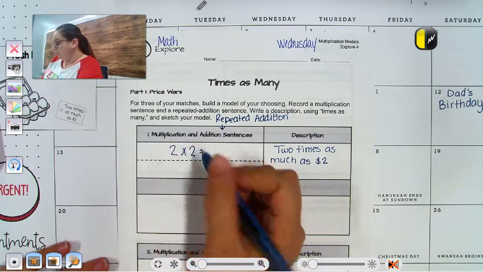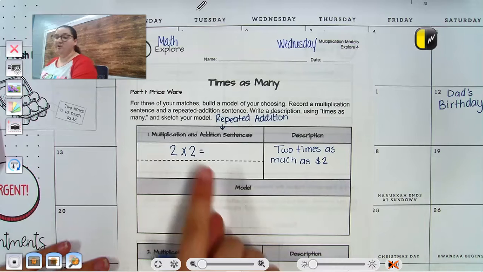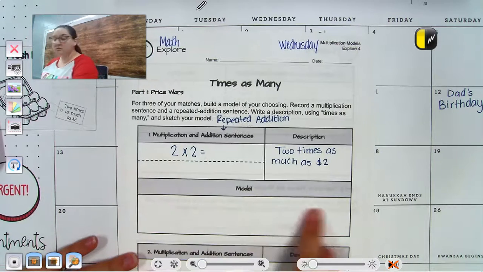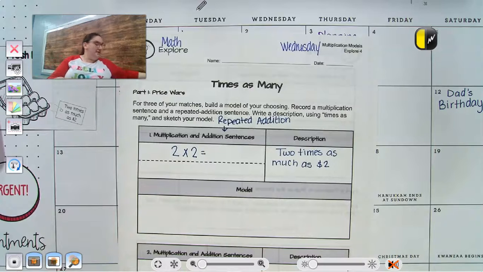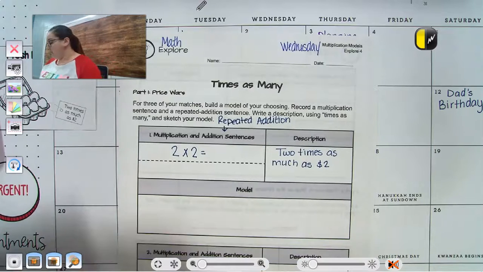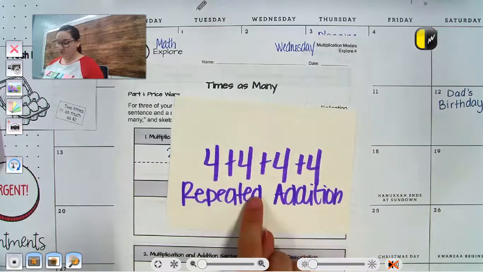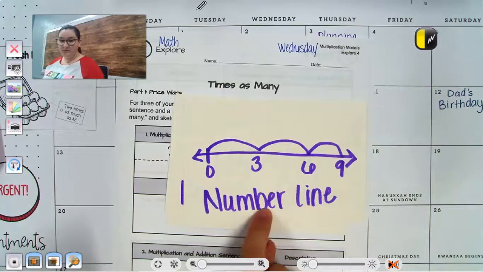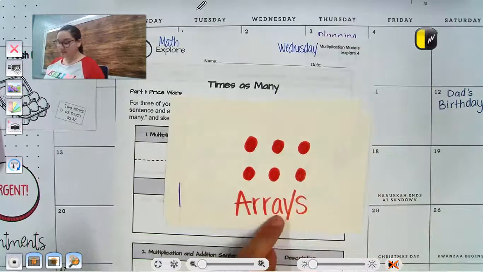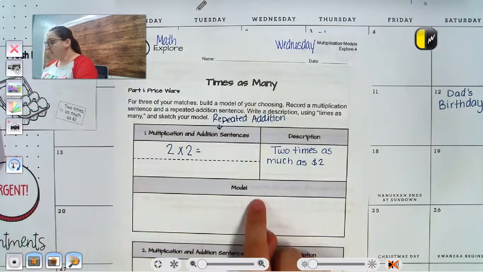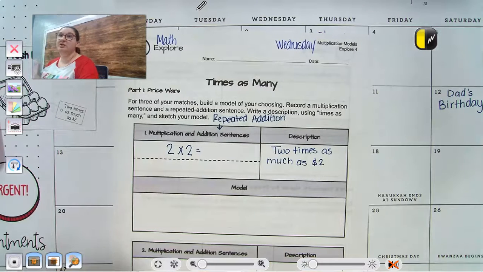So let's actually draw the model before we do the repeated addition. Guys, you can draw any model you want. We've talked about equal groups and repeated addition, number lines, arrays, and area models. So we are going to draw a model for 2 times 2 using what we've already learned.